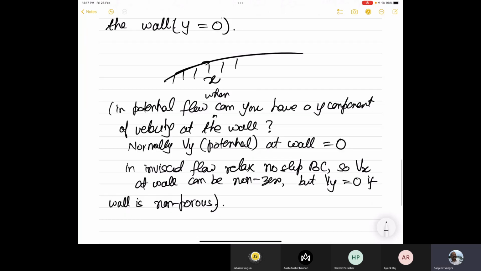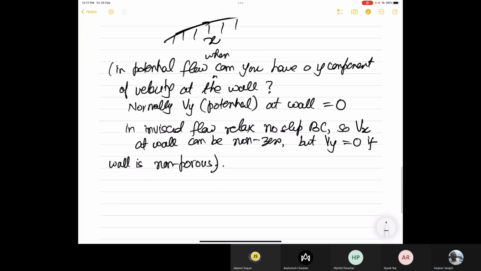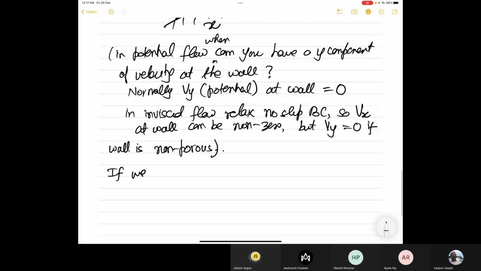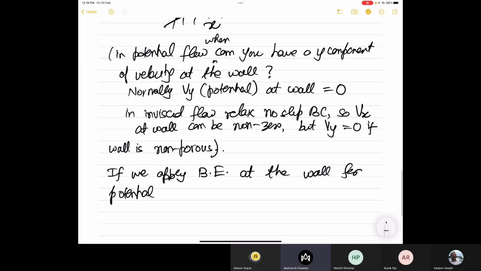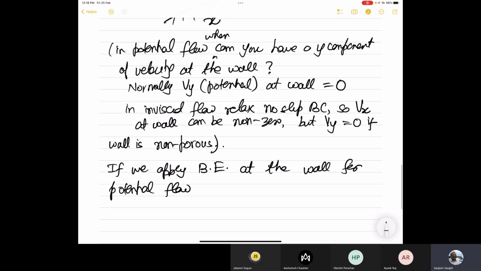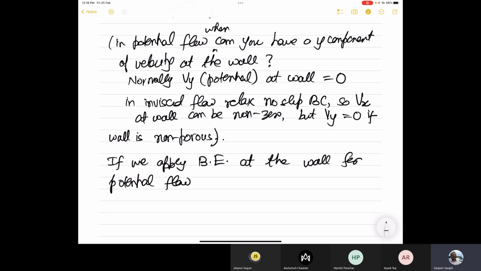Now let us look at something. So now, if we apply Bernoulli equation at the wall for the potential flow. Now, for potential flow, we can apply Bernoulli's equation. We can't apply it for boundary layer flow.